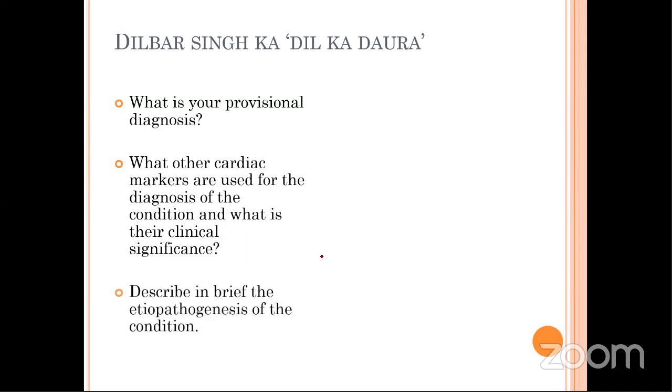The next question can be, describe in brief the etiopathogenesis of the condition, where we can write about what we had talked about, the coronary vascular pathology and the myocardial response to that coronary vascular occlusion due to atherosclerosis.